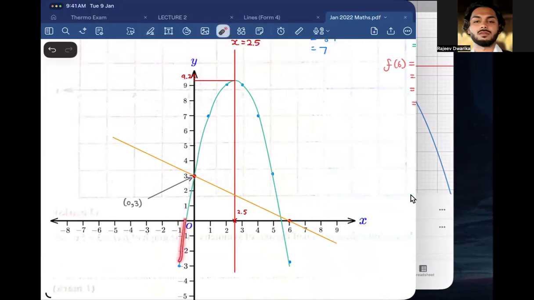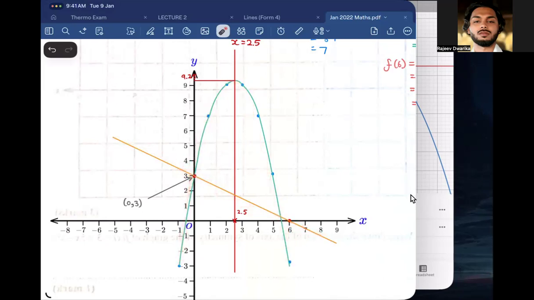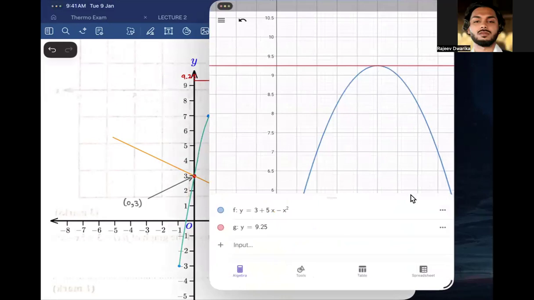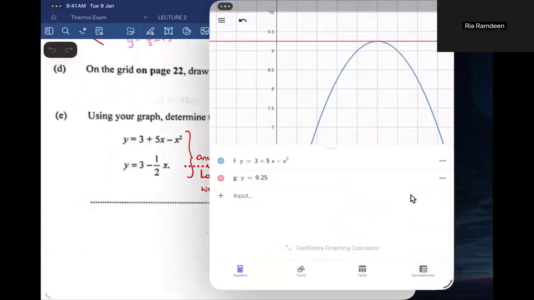So this is the curve and this is the line. Where are they intersecting? 0, 3. Right. Let me do the actual graph. I'm going to do the very accurate one.